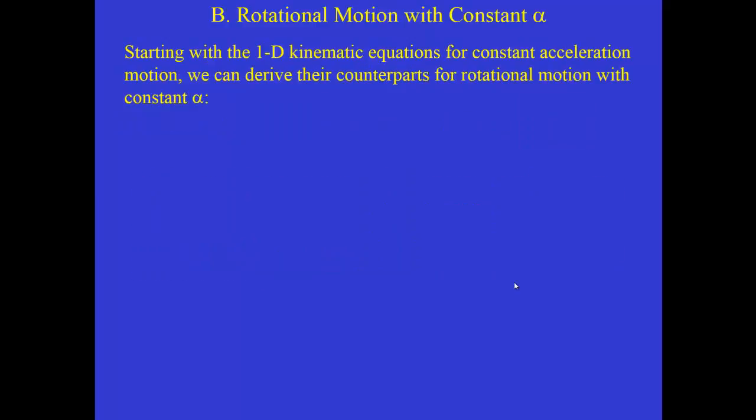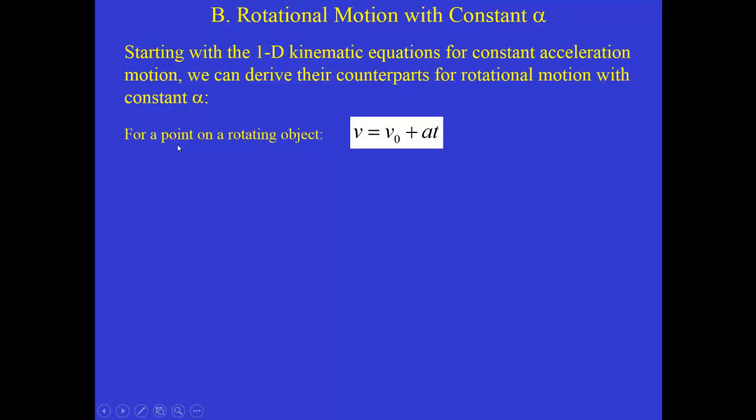Now, the same way that for one-dimensional motion there was the special case of constant acceleration motion, there often are cases where we have rotational motion with constant angular acceleration. And so we can start with the one-dimensional kinematic equations that were valid for constant acceleration motion and develop one-to-one counterparts for rotational motion with constant angular acceleration.